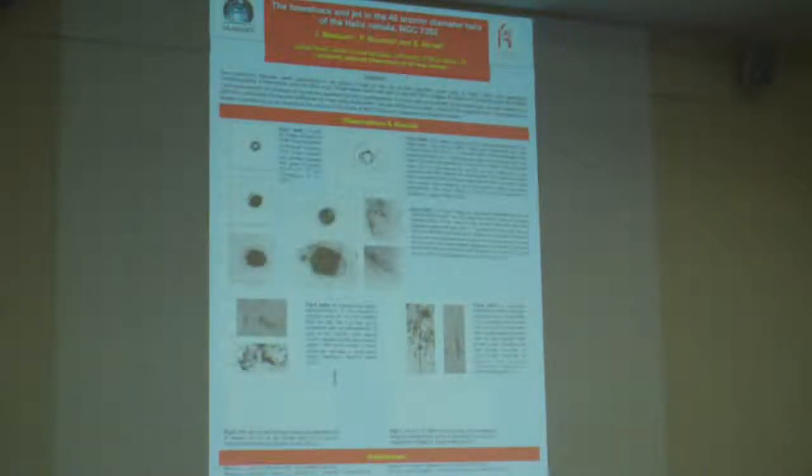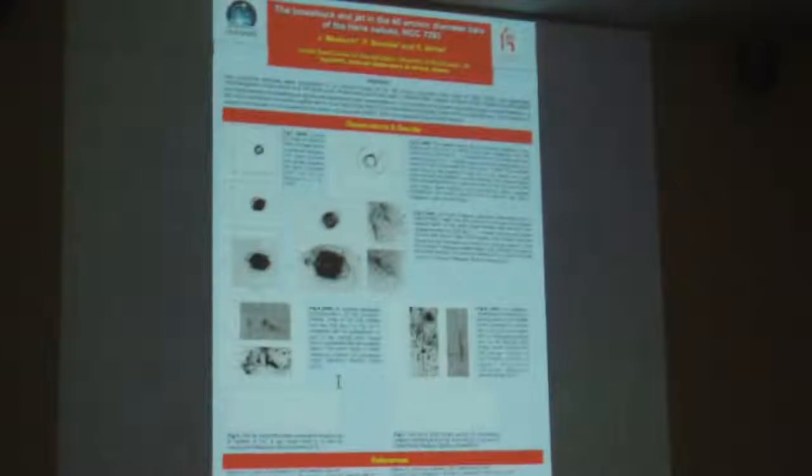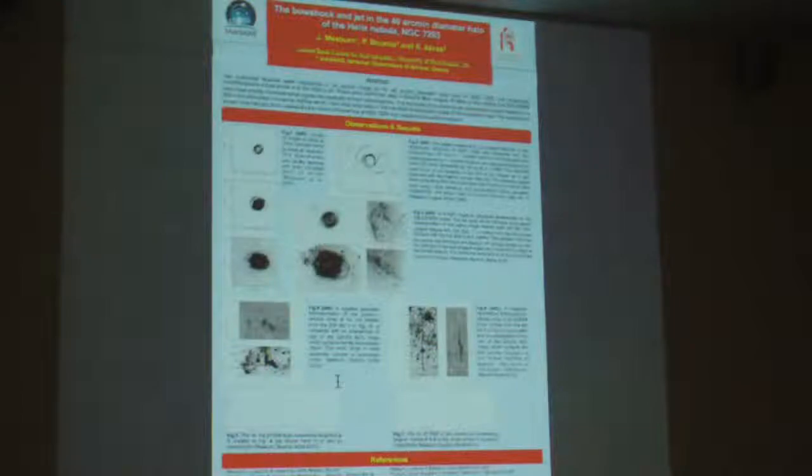And the result of this work was that the feature in the northeast of the Helix was made by the movement of the Helix itself as it flows in the ISM, while the jet in the southwest has a jet-like origin, because it has very high velocities and very strong influence.